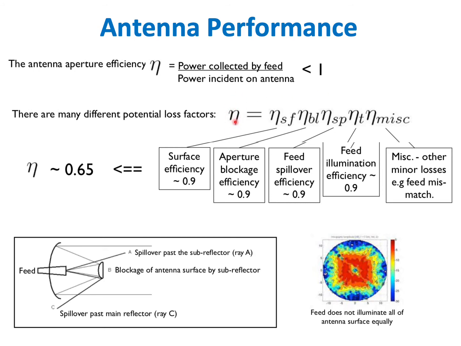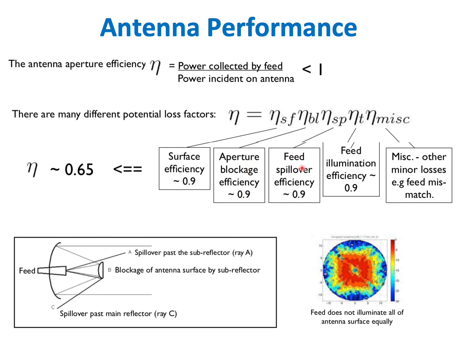Our aperture efficiency is actually the product of a bunch of other efficiency terms. There's the surface efficiency, which we talked about in the previous slide. There's the blockage efficiency, due to, say, the feed or feed supports getting in the way of light. Again, this term goes away if you use an offset Gregorian where you have no blockage.